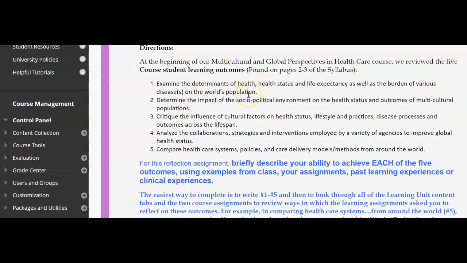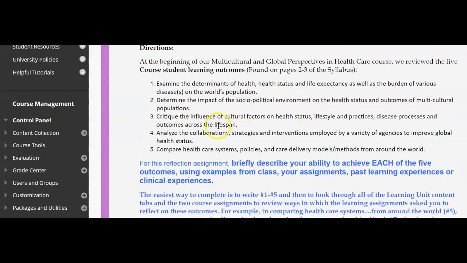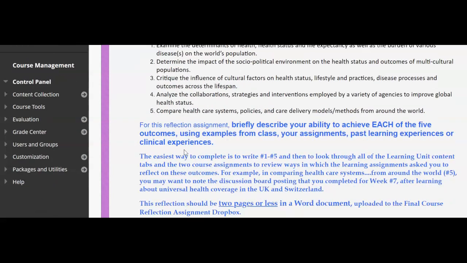But you can put number 1. You know what this is. So let's look at number 5, because I've given an example here. Number 5 is compare healthcare systems, policies, and care delivery models from around the world. So how do you know that you've met this outcome?